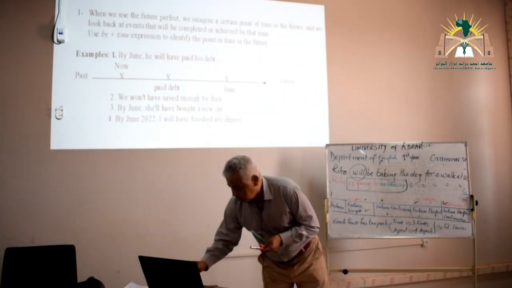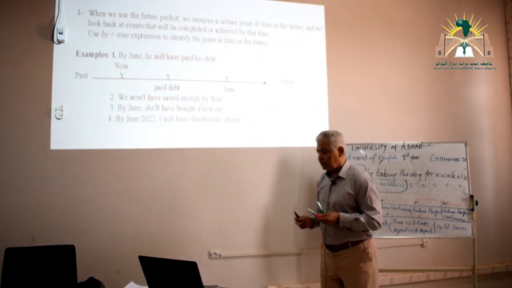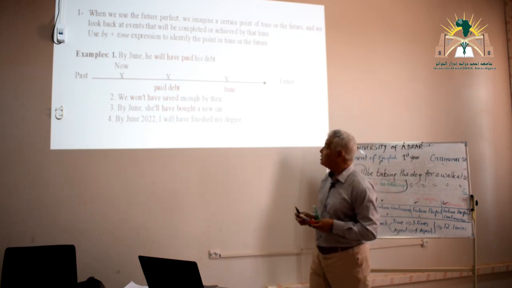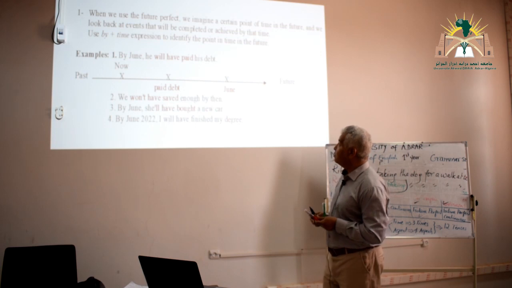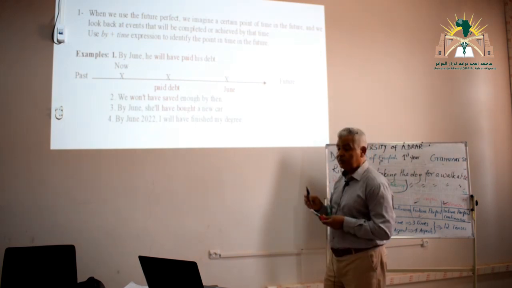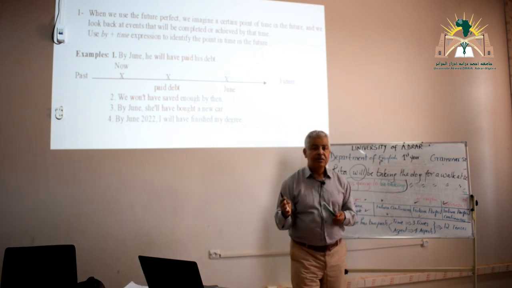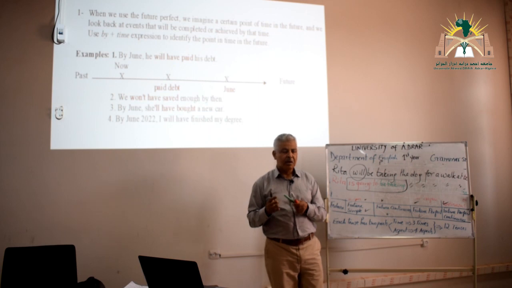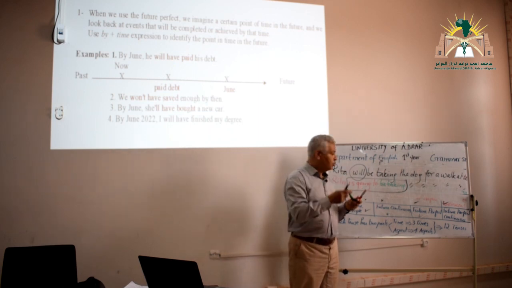The next point to talk about is the future perfect and future perfect continuous. When we use the future perfect, we imagine a certain point of time in the future, and we think about something completed before that point. This is why it is called the past in the future.